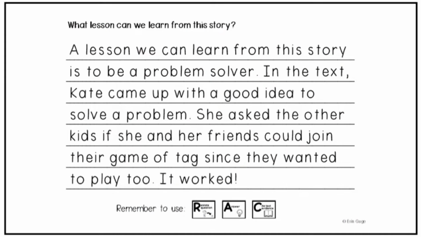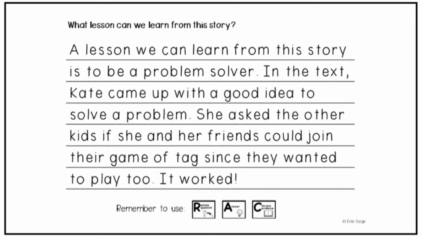So that was the story. And here is the question. Let's take a look. What lesson can we learn from this story? Let's see if the answer starts by restating the question. What lesson can we learn from this story? A lesson we can learn from this story is to be a problem solver. Does it restate the question? Yes, it does.